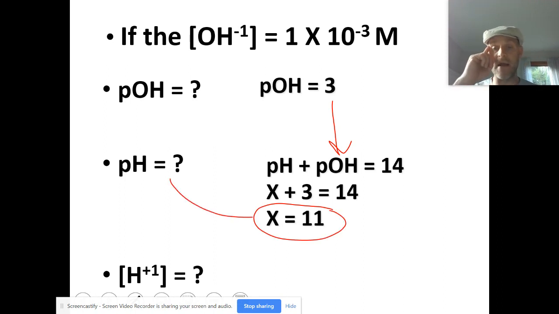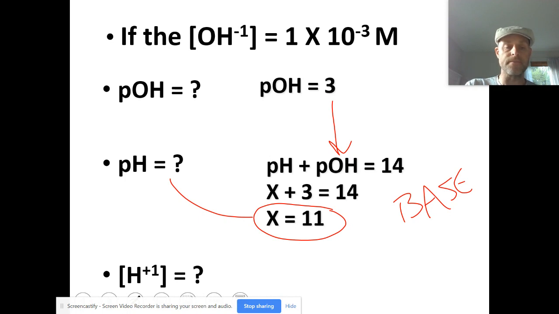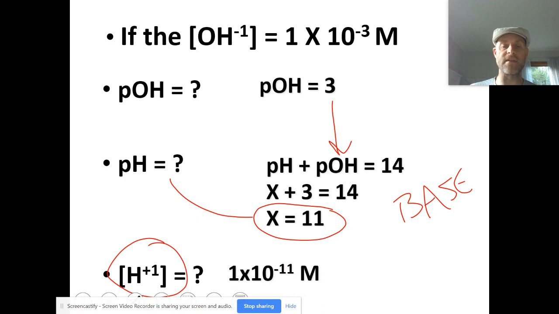So right now in your mind you go, ooh, pH of 11, that's way higher than 7. This must be a base. But what's the concentration of hydrogen ions? Well, remember, if pH is 11, that's the same as saying 1 times 10 to the negative 11.